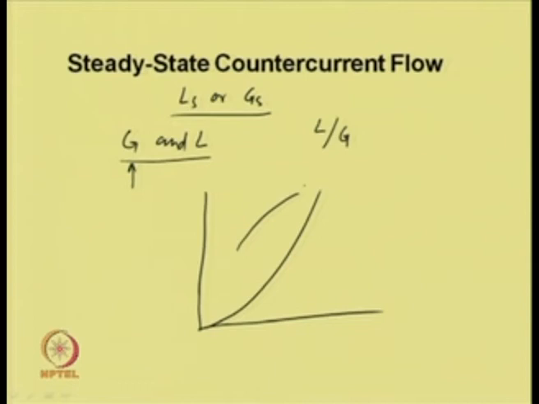It will be a curved line like this, and if we plot, this is x 2 and this is y 2, this is x 1 and this is y 1.